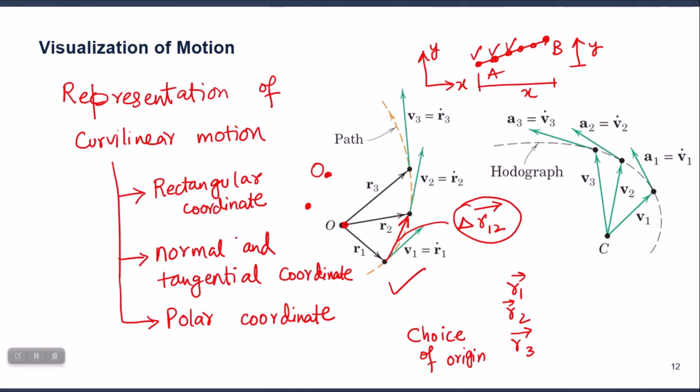Then we discussed that there can be 3 ways we can describe this kind of a motion. The first is rectangular coordinate system, a coordinate system which is represented generally by x, y, where x and y are 2 perpendicular axes, and we can divide any plane vector into a summation of x coordinate and y coordinate, a component along x and a component along y.